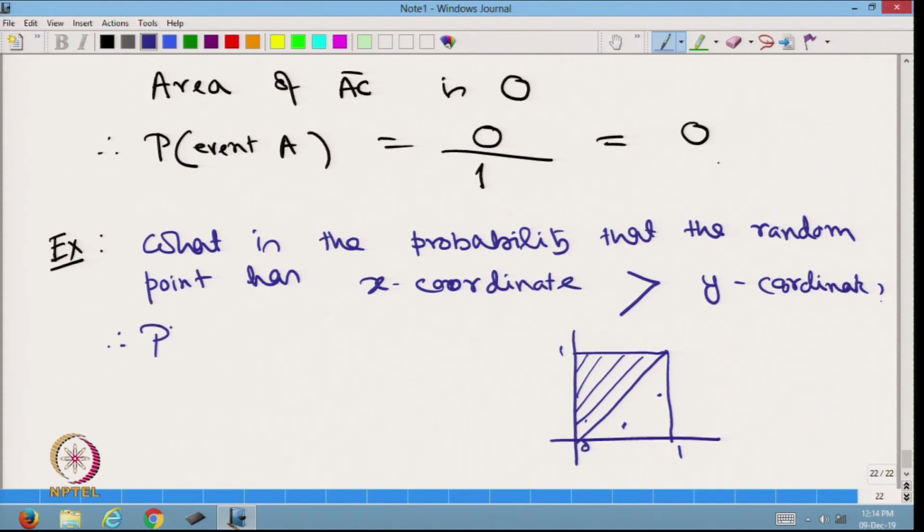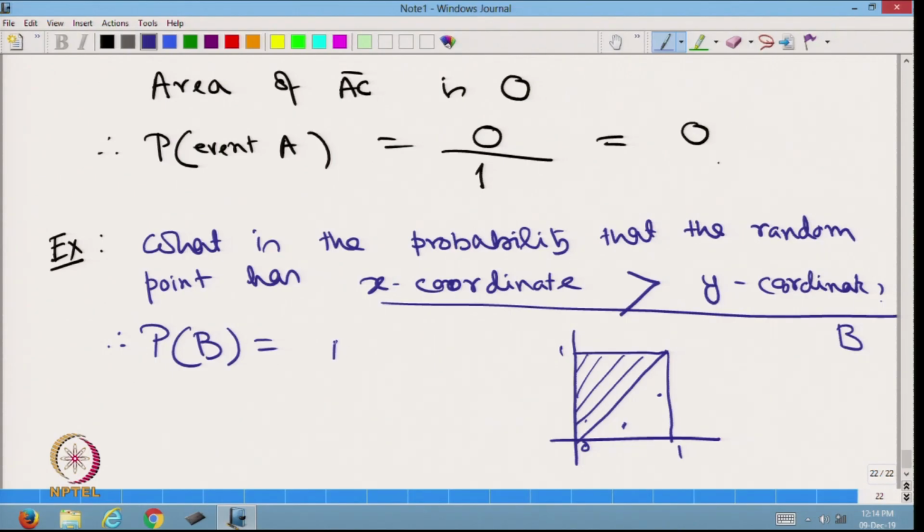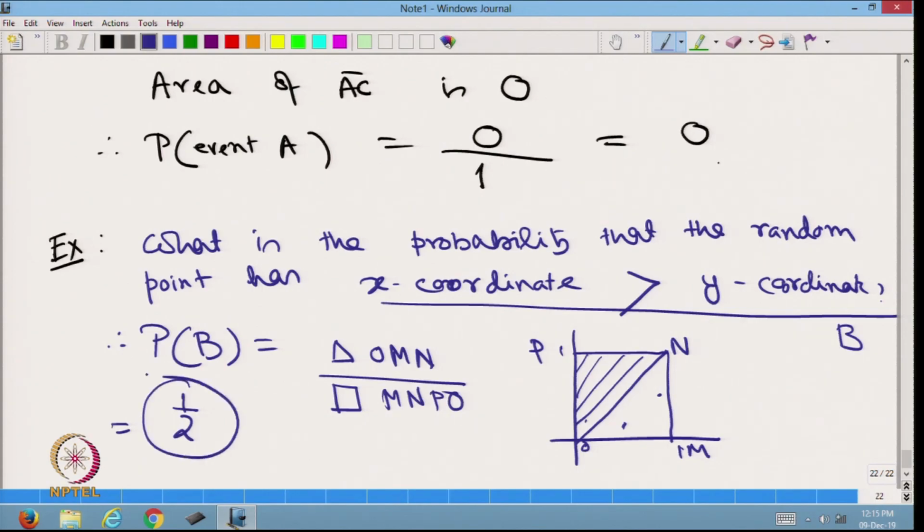Therefore, probability of this event, let us call it B. Probability of B is equal to area of this triangle, let me call it OMN, divided by the area of the square MNPO, is equal to half, because the area of this triangle is going to be half, area of the square is 1, therefore, this probability is going to be half.